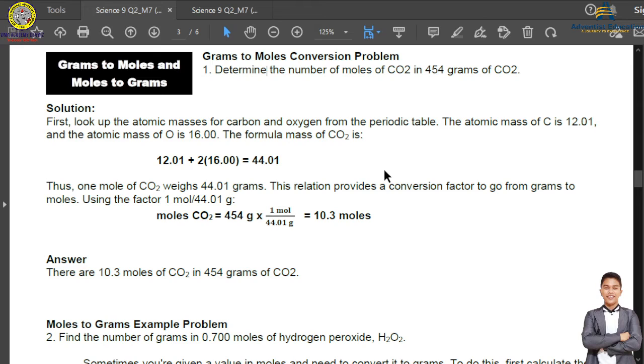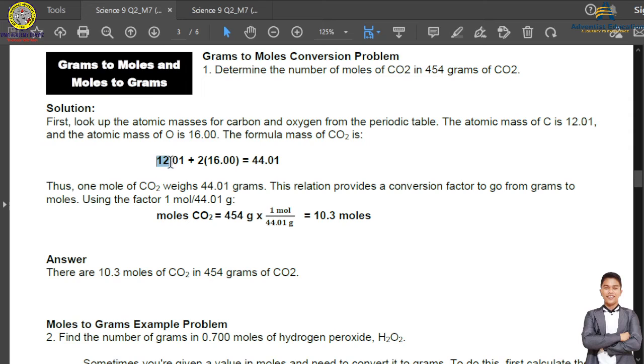Determine the number of moles of CO2, or carbon dioxide, in 454 grams of carbon dioxide. First, we need to find the total atomic mass or molecular mass of that compound, which we had a while ago in the previous video.